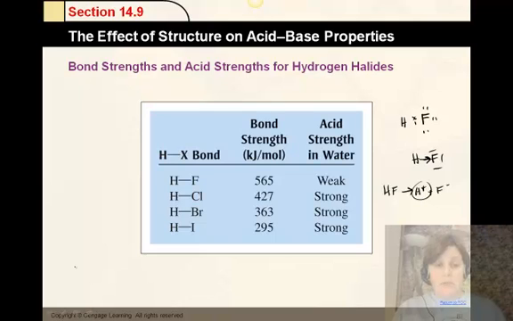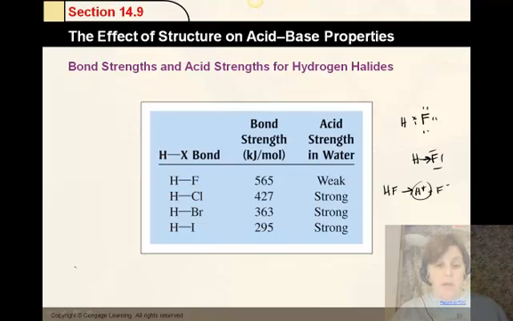So if the molecule is highly electronegative in this binary list here, you can see that if the strength of the bond is high, that means that the electronegative atom attached to hydrogen really holds on to hydrogen so well that it doesn't release it, and therefore it makes for quite a weak acid. Chlorine, bromine, and iodine are increasing in strength.